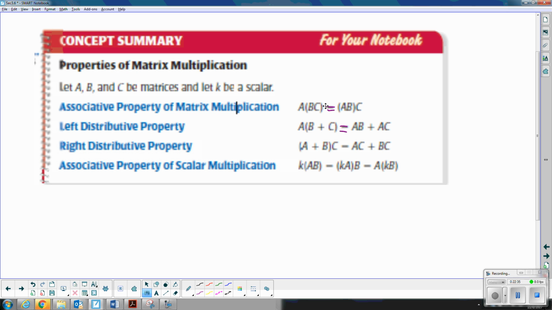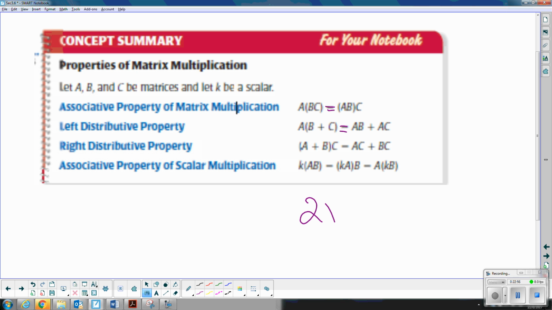And then right distributive property. If you're adding matrices and then multiplying by another matrix on the right, it's going to be different than if you're multiplying by another matrix on the left and then adding a group. So these are different because of how it's set up.